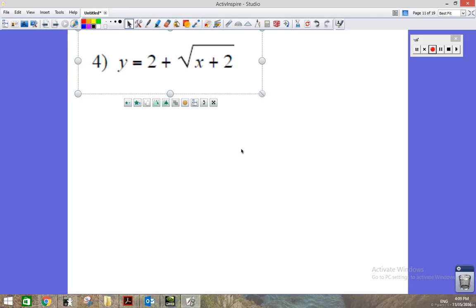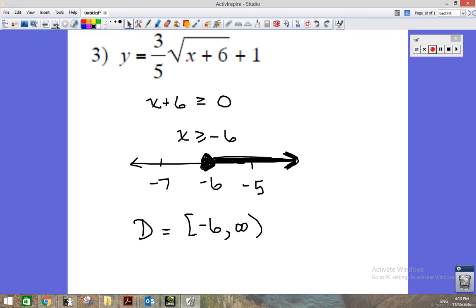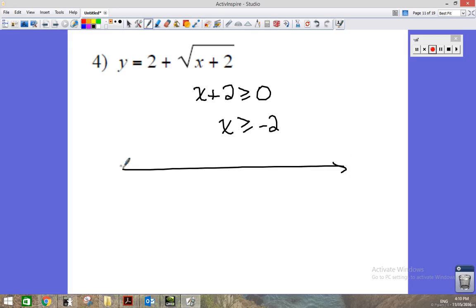So x plus 2, did we already have x plus 2? No, we had x minus 2. So this x plus 2, it needs to be 0 or positive. It cannot be negative. If I subtract 2 from each side, I need the values in the domain to be at least negative 2. Negative 3, that's going to cause that to be negative. I can't take the square root of a negative number.